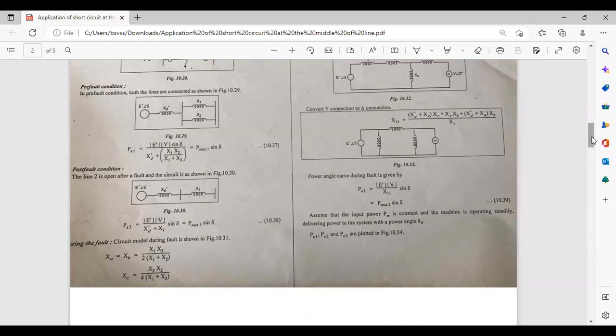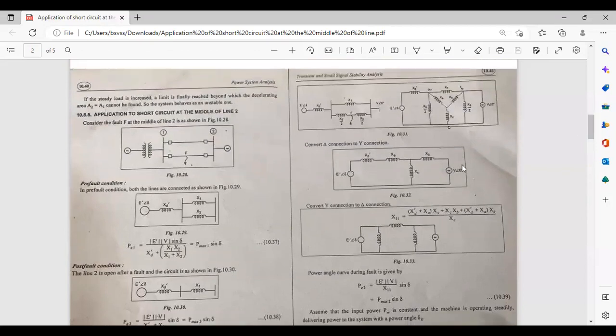After calculating the values of XA, XB, XC, if we draw the equivalent circuit, we will get the corresponding star connection. Already we have XD dash. In addition to this XD dash, the X1, X2 by 2 and X2 by 2 become XA, XB, XC. This is the equivalent of this delta connection.